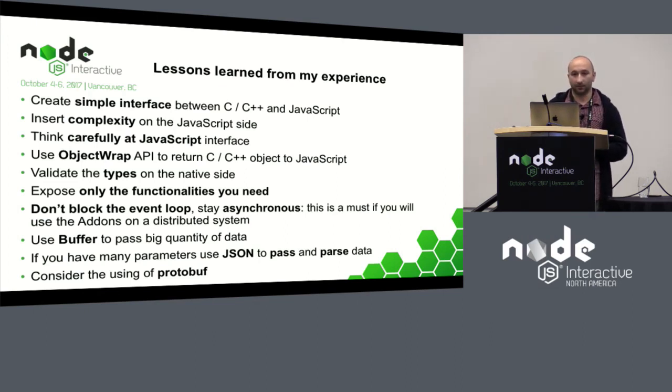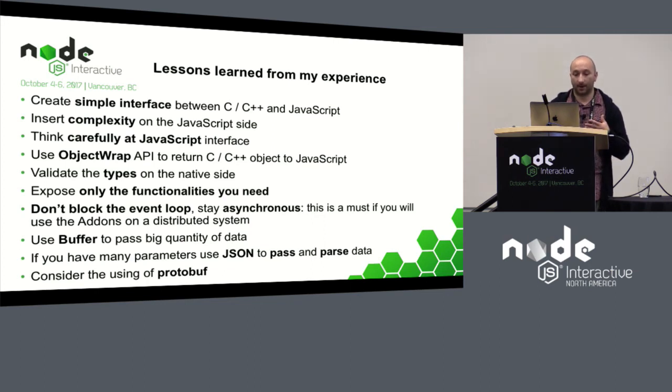And if you want to use your native add-on in a distributed system, create asynchronous functions. If you pass a big quantity of data between C++ and JavaScript, consider the use of Buffer.